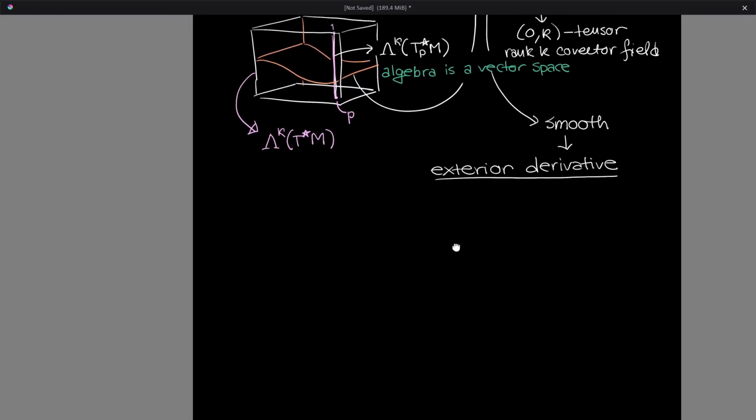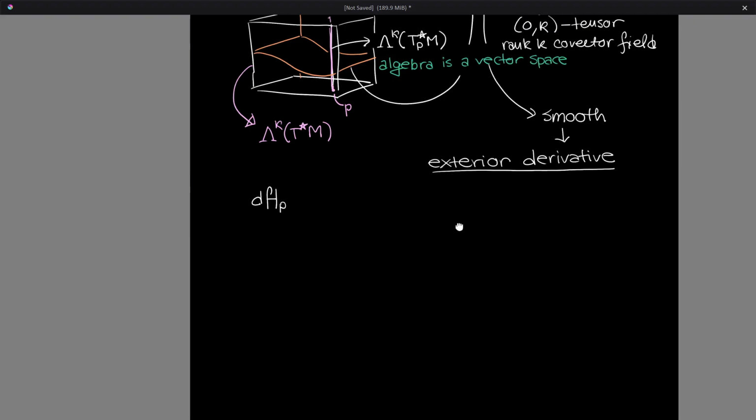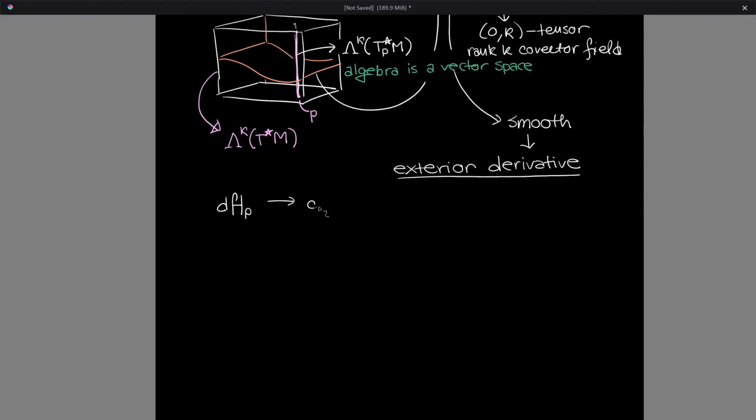So how do we define this derivative? Well, remember that we had these things called the differential of a map at a point. And then we use these to define covectors. And then the field version of a covector is a one form. This word now is going to pay off.